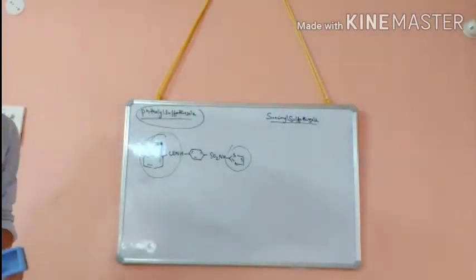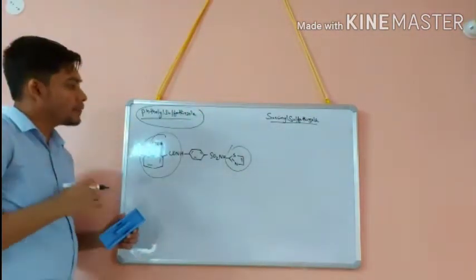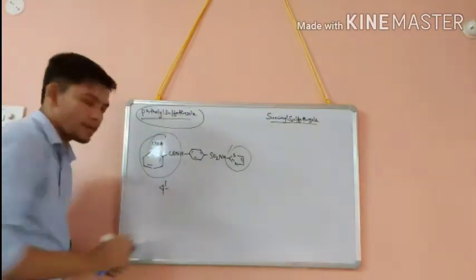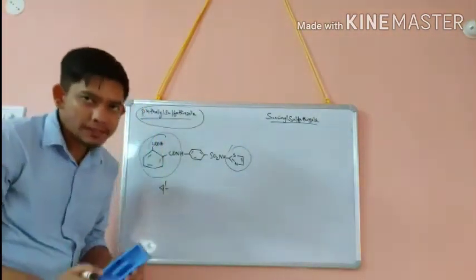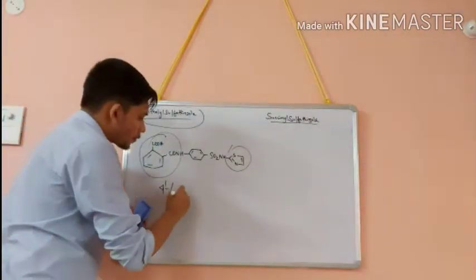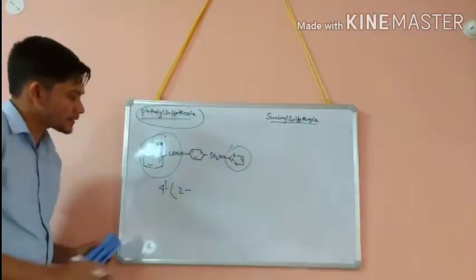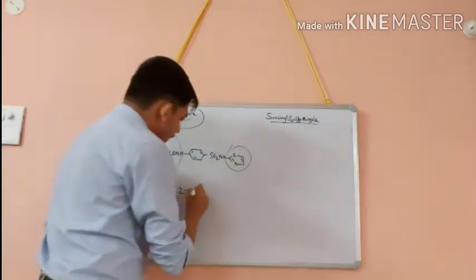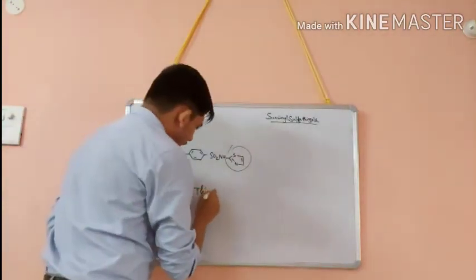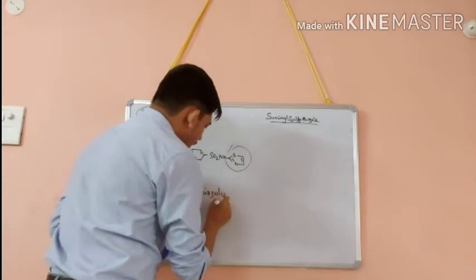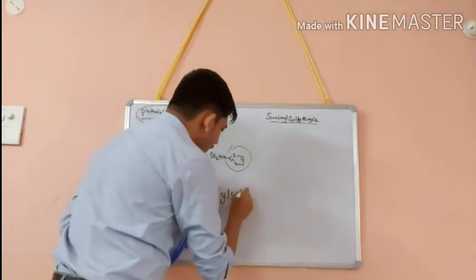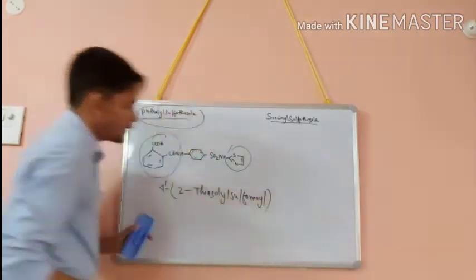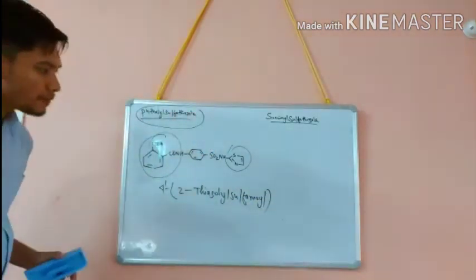Next we will name this compound. What will be the name of this compound? If we write 4 dash, then 2 dash thiazole sulfamoyl.